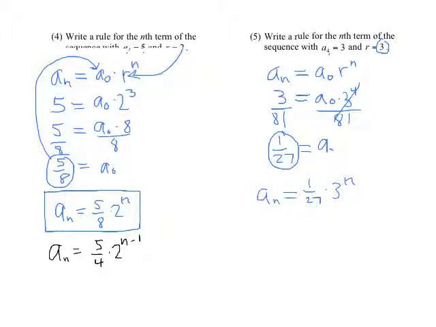And there's a lot of different ways that we can write this one, especially since 27 is a power of 3. You could write it as 3 to the negative third, and then combining 3 to the negative third with 3 to the n, I wouldn't be surprised if you see, for an answer for this one, something like 3 to the n minus third power.